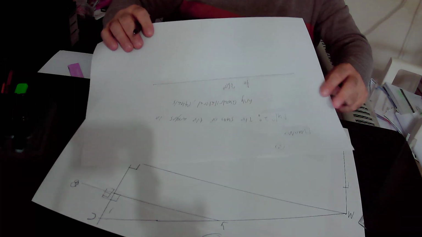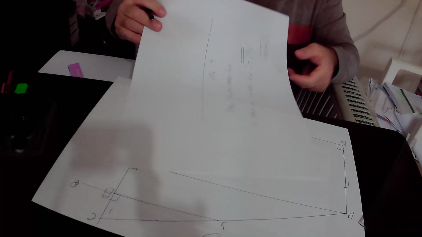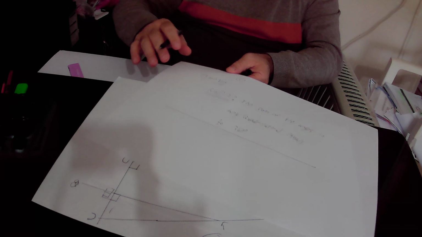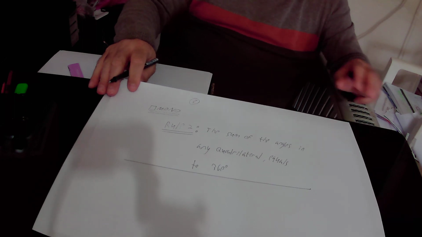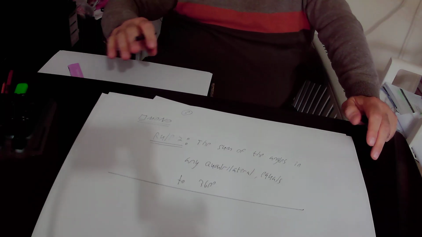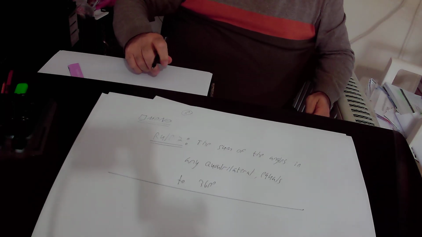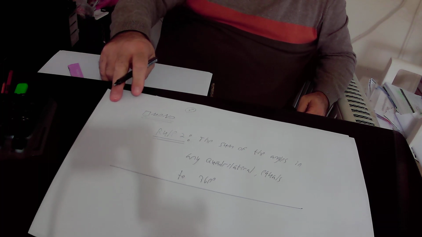So I'll repeat rule number 2 again. According to rule number 2, the sum of the angles in any quadrilateral equals 360 degrees.